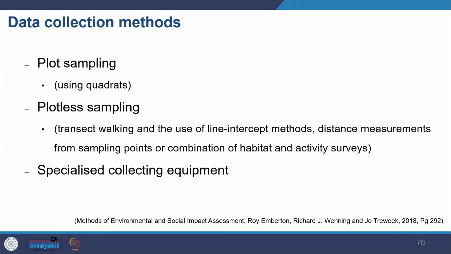So you might just draw a line, and then make observations. This can be applied as a habitat measurement method for estimation of vegetation. And then plotless methods, if you see, involve distance measurement from sampling points.